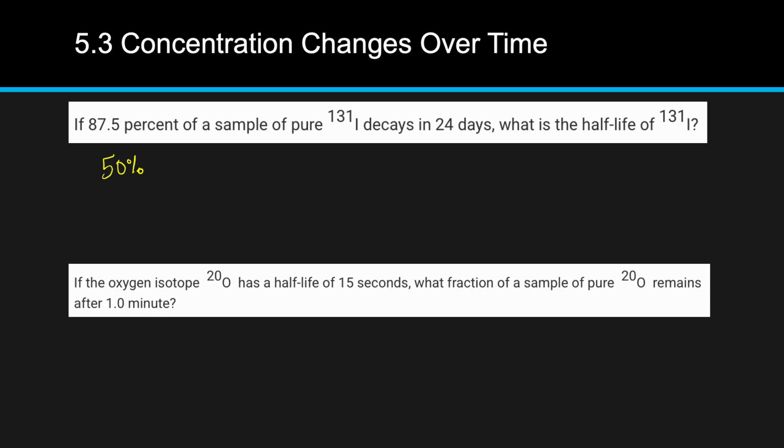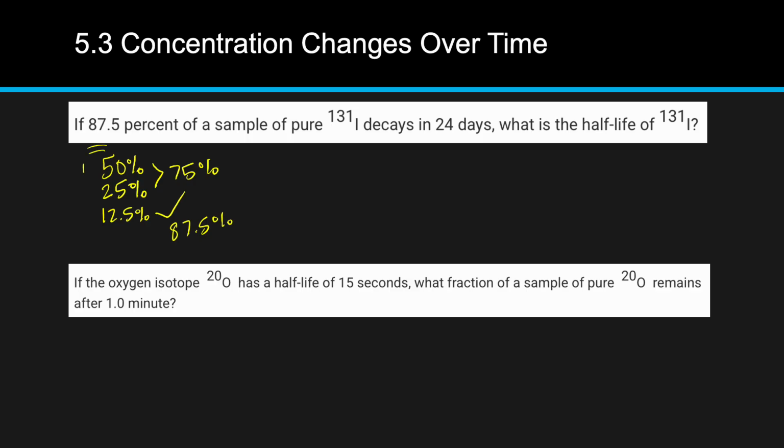And at the second, I'm taking half of 50, which is 25. So at the second half-life, I now have decayed 75% of my sample. Then if I take 25 and half of that, that would be 12.5%. Now totally, I have 87.5% of my sample decayed, which is exactly what was given to us in this question.